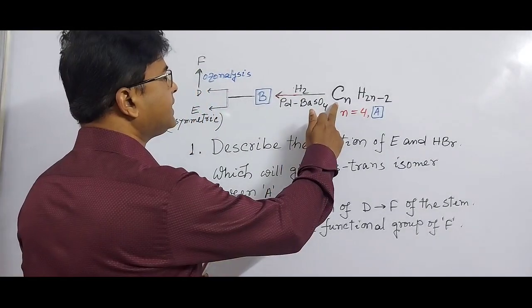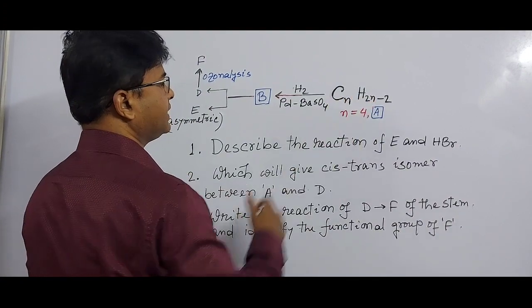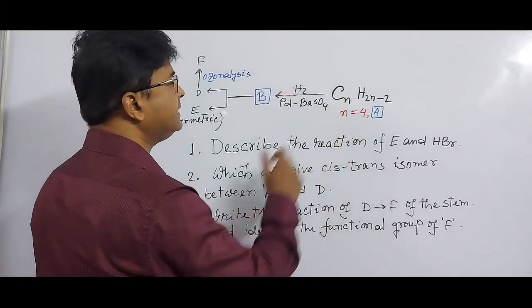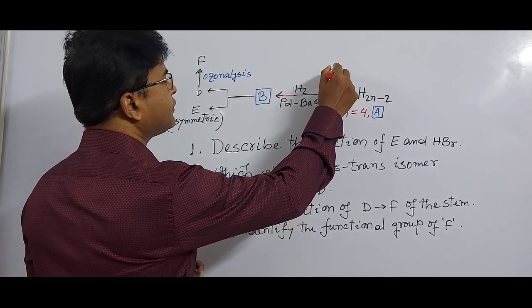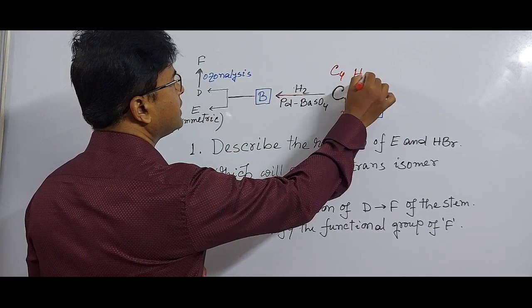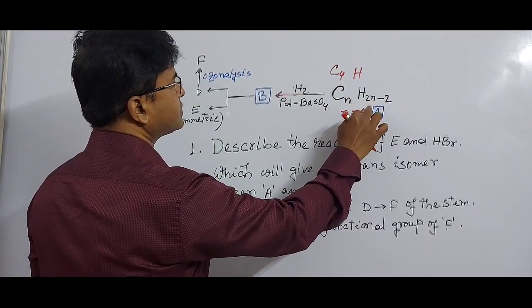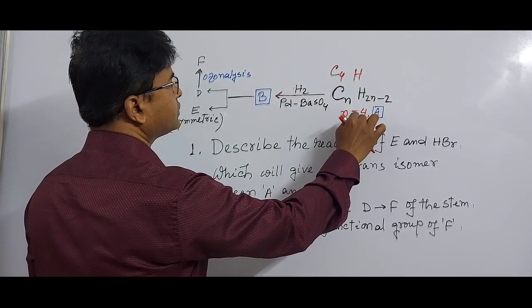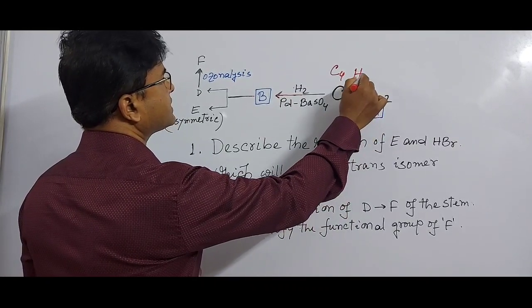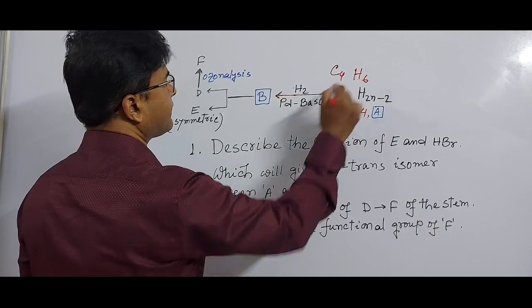Here it is given CnH2n minus 2. If I put the value of n here, it will be C4H, 4 into 2 minus 2, that is 8 minus 2, 6, so C4H6.